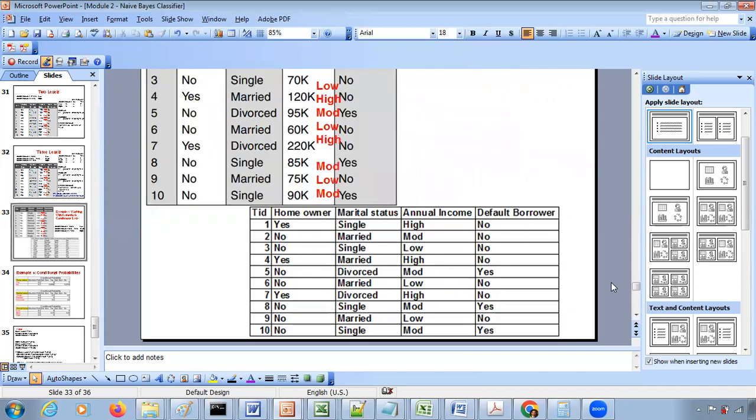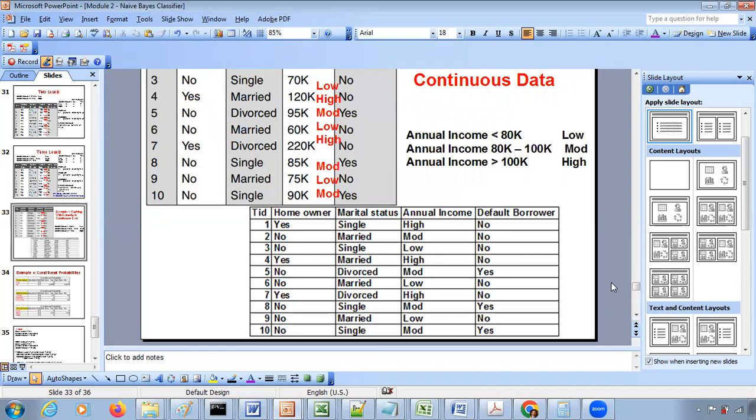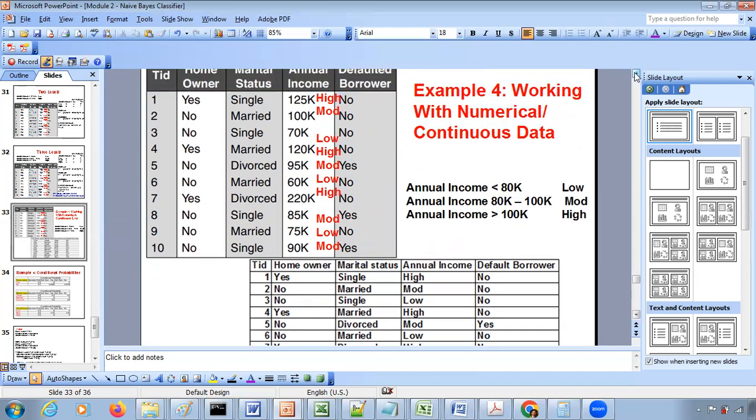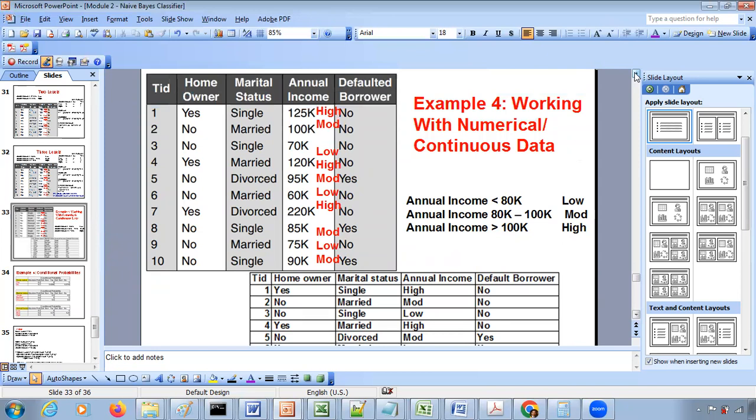So the way we are going to use the Gini impurity index in this case is to decide, for the feature with numerical values, in this case annual income, how many levels of classification or categories we need to have. Do we need 2 categories or 3 categories of income or 4? We'll just try 2 and 3.